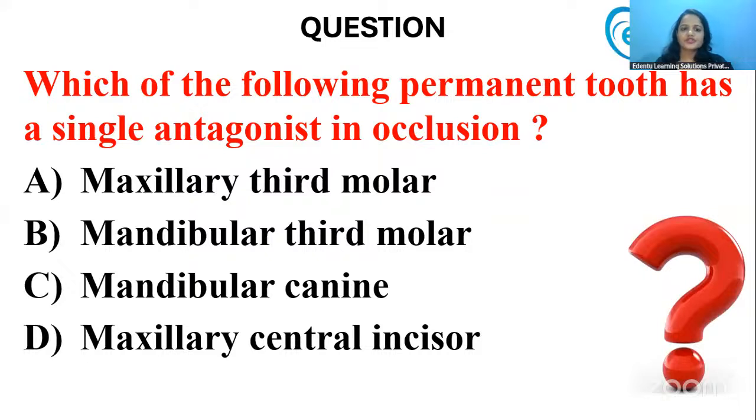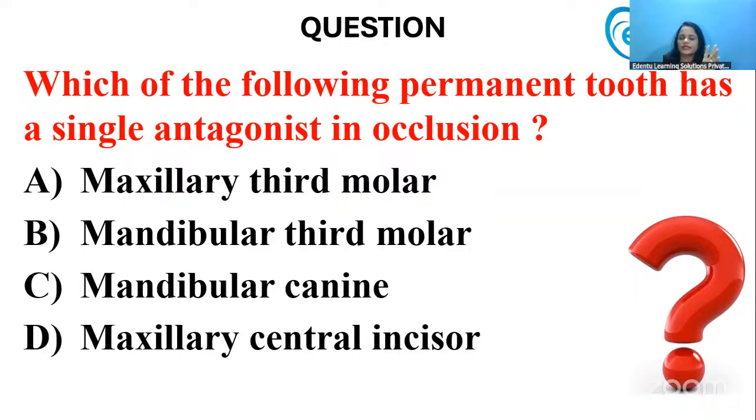Now, next question. Which of the following permanent teeth has a single antagonist in occlusion? Single antagonist means, when our teeth are in occlusion, almost all of the teeth will be in contact with two other teeth in the opposing arch.